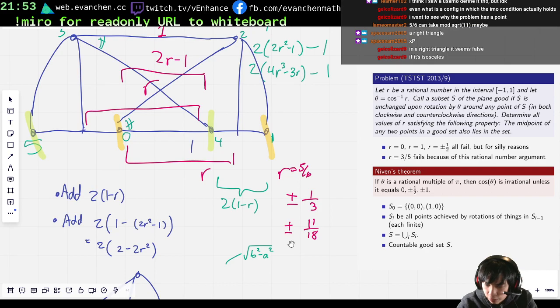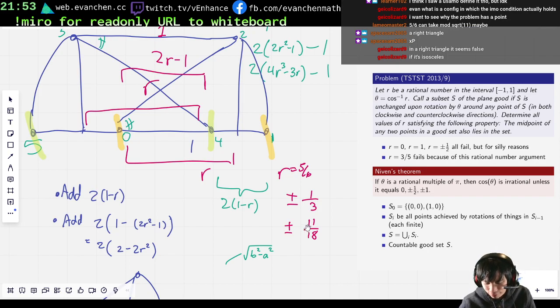Take mod root 11. But, like, why does 3/4 work and 5/6 not work is my question. Like, at 3/4 I take mod root 7. I agree you can take mod 11.